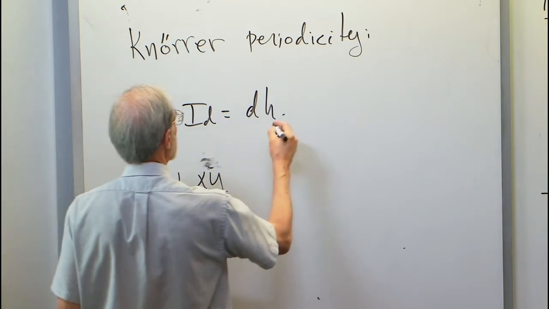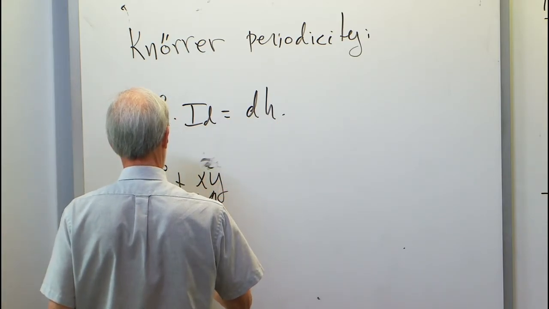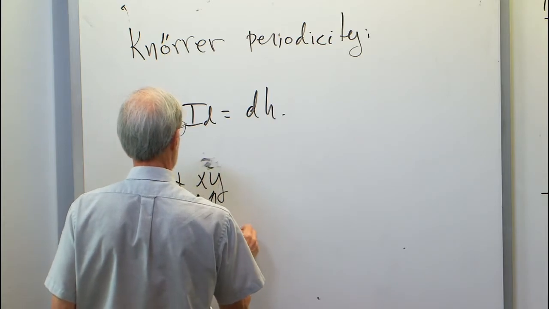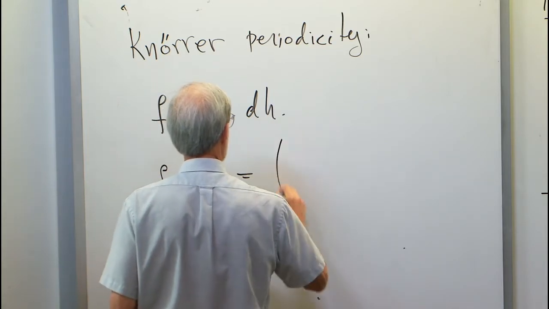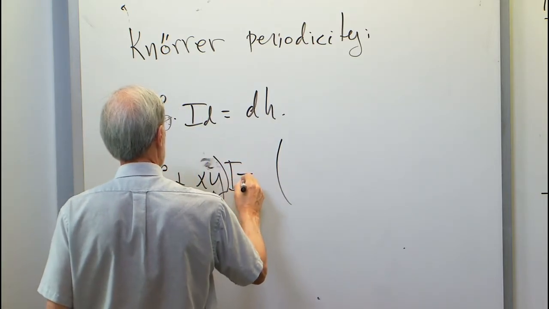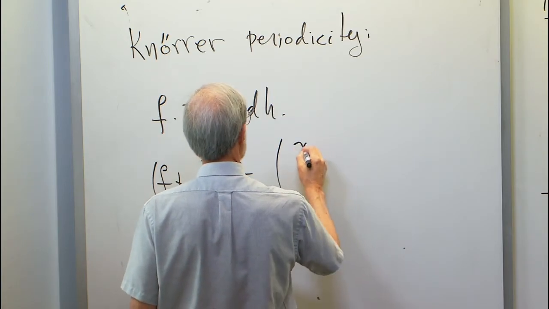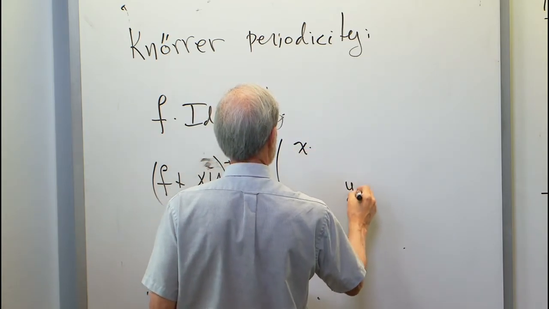F plus xy, with two new variables, is equal to, times a bigger identity, the matrix with x times the identity, y times the identity.